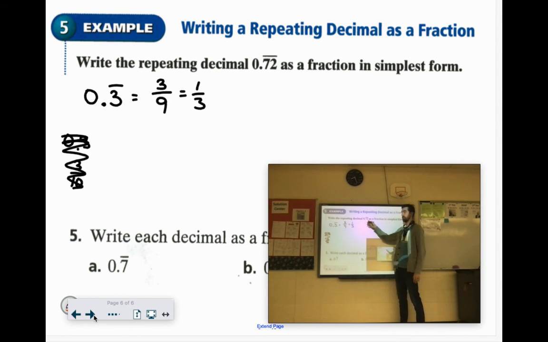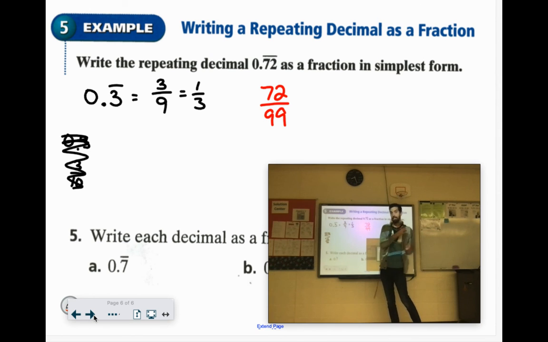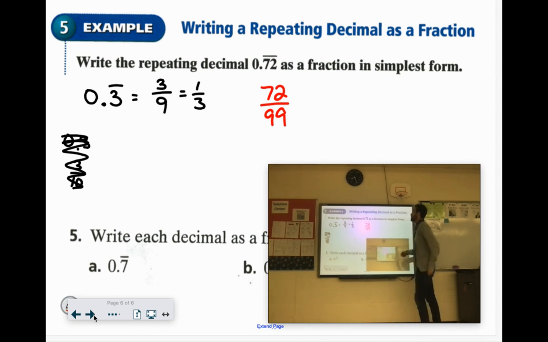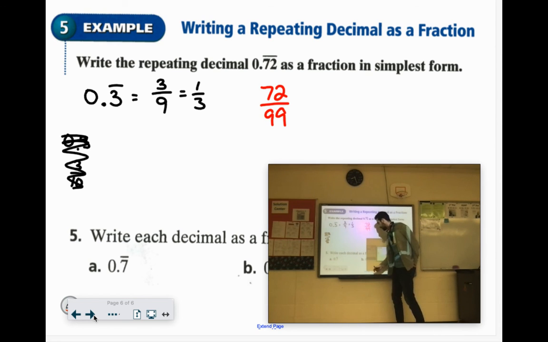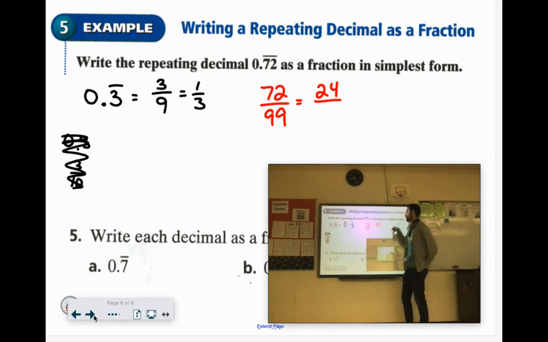If it's 2 digits like this 0.72, you're going to put it over 99. And if it's 3 digits, you're going to do 999. 4, 9999. Okay? So 72 and 99 have a 3 in common, I know that. 72 divided by 3 is 24. And 99 divided by 3 is 33.